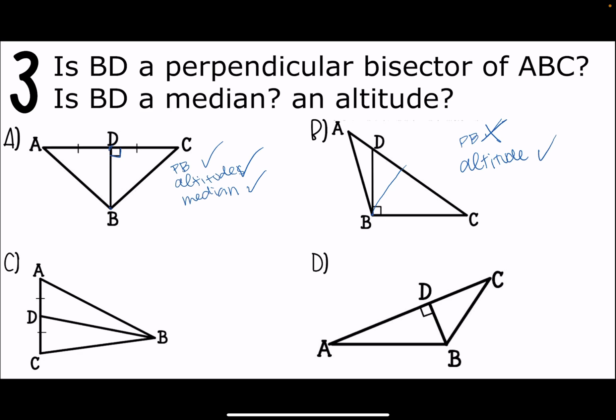So even though it looks like it, it's not. All right? And that means it's also not going to be a median because it's not bisecting the other side to begin with. This is none of them. If you want to write no instead of the X's, because that sticks out for you better, you are more than welcome to do that.